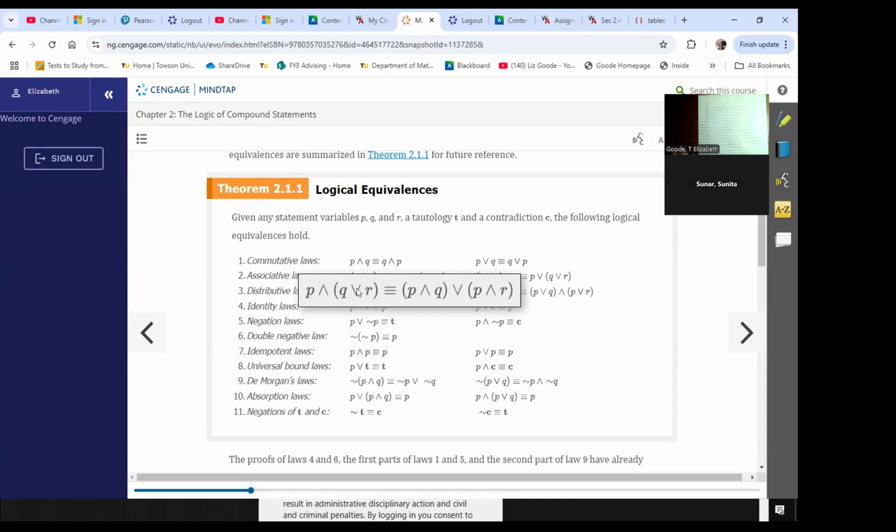Now, this law is given with just plain old P, Q, R, right? But we can play the game even if the components have nots in front of them.